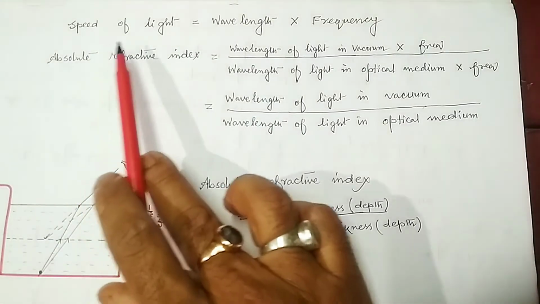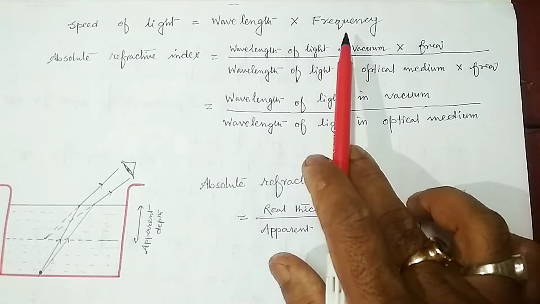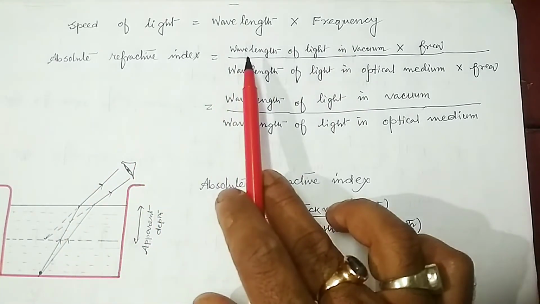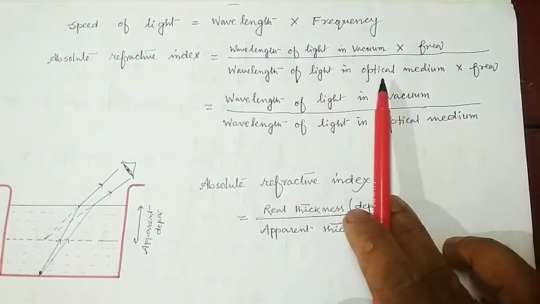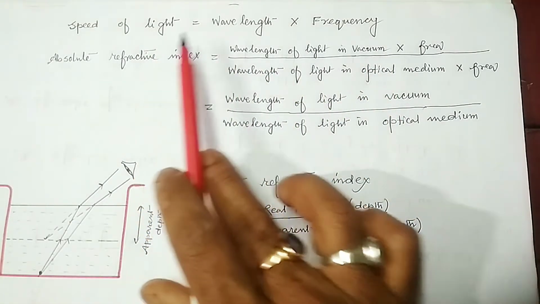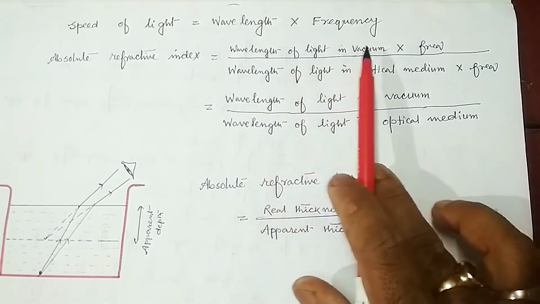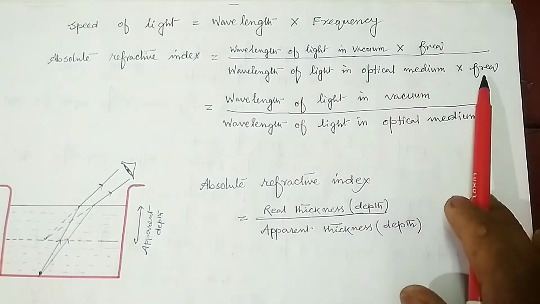Now we know the speed of light in a medium is wavelength of light into its frequency. Already I told you that absolute refractive index is the speed of light in air or vacuum to the speed of light in that medium. Now since speed of light is wavelength into frequency, we can write wavelength of light in vacuum by wavelength of light in optical medium into their frequency.